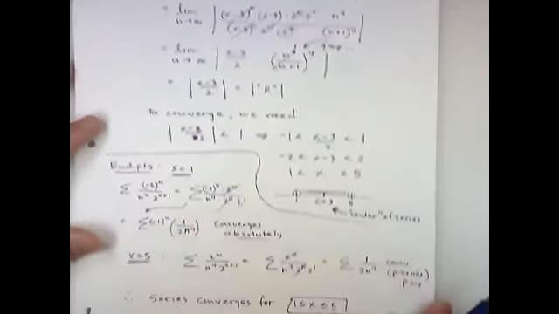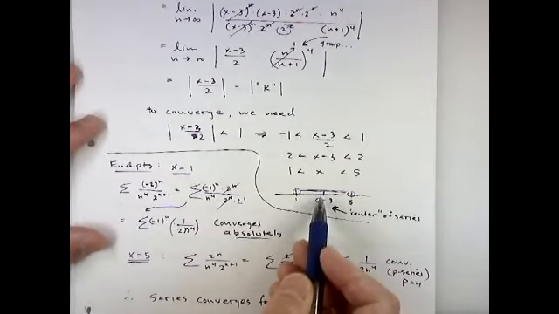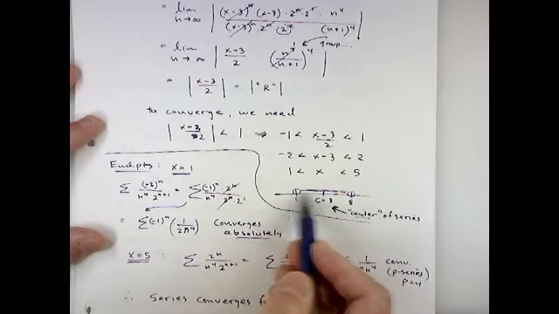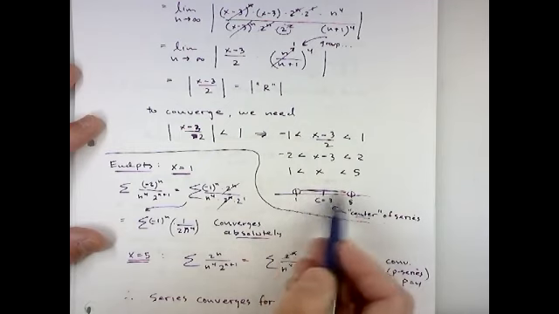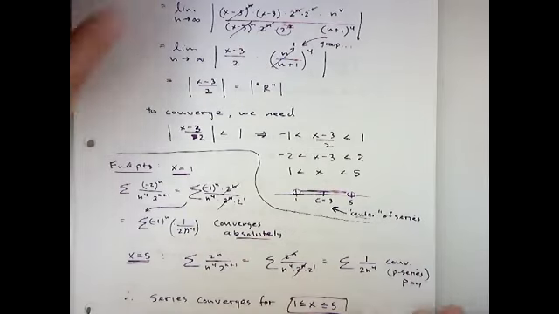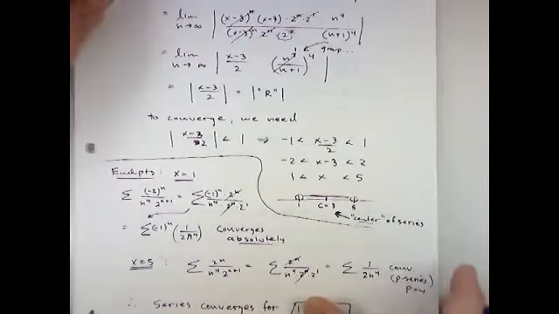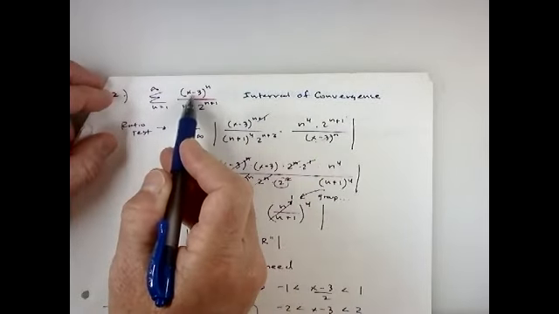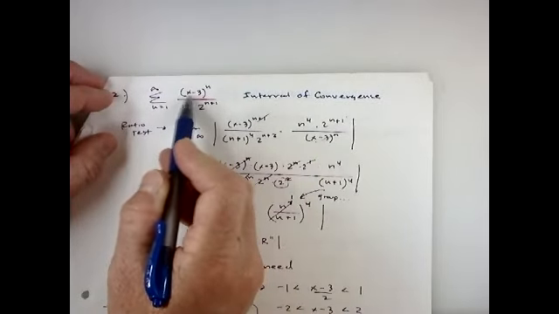Yeah, I've used this term, but let's be more precise here. Every power series has what we call a center of the series. If you plot these numbers where it converges on a number line, right smack in the middle, right at the center, is 3. And that's referred to as the center of the series. And it's not a coincidence that x equals 3 in your original series, if you put in 3, you would get 0.